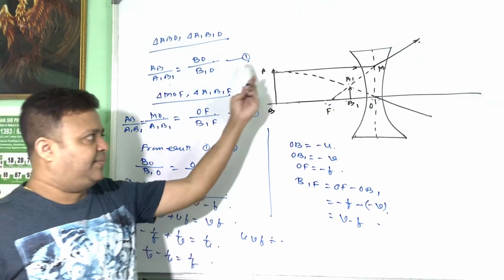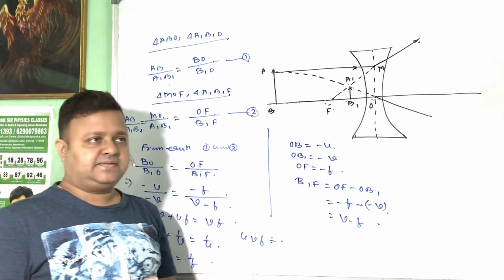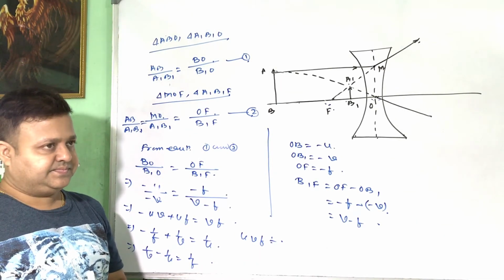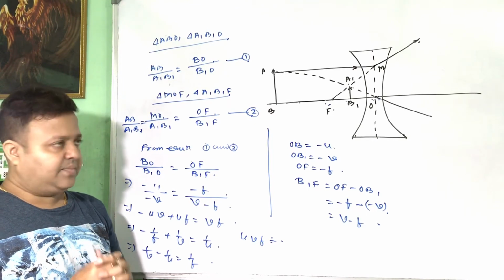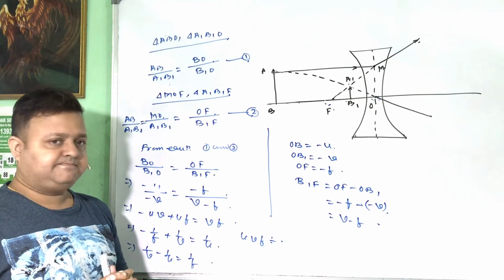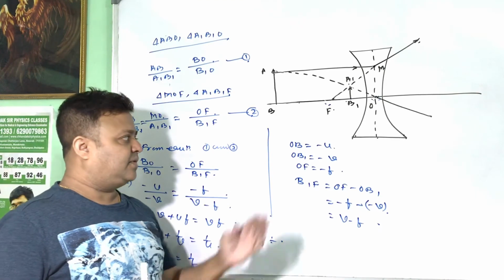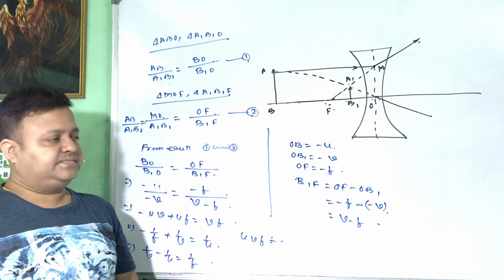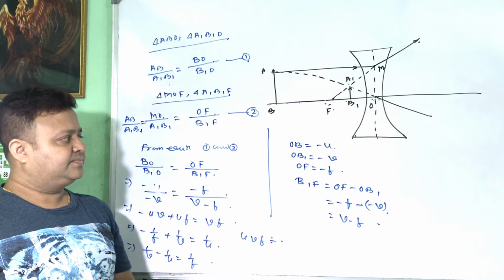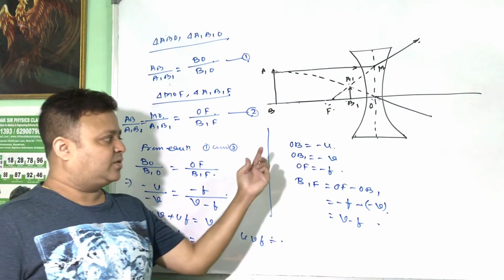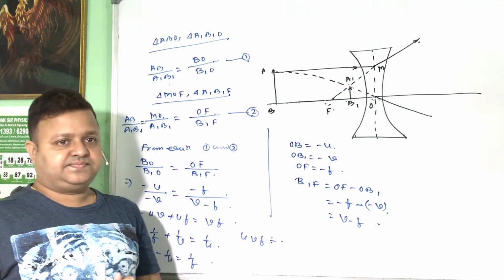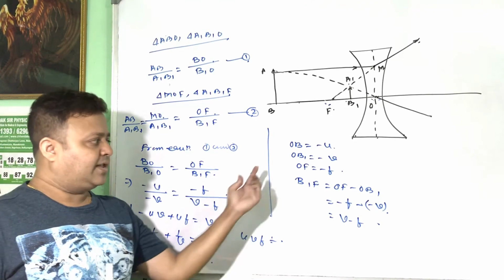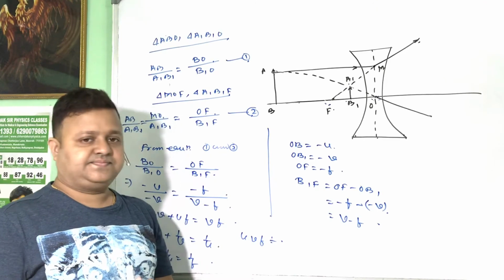Similarly, let us write: AB is the object, A1B1 is the image. According to the Newton convention, object distance OB is equal to minus u, image distance OB1 is equal to minus v, focal length OF is equal to minus f.